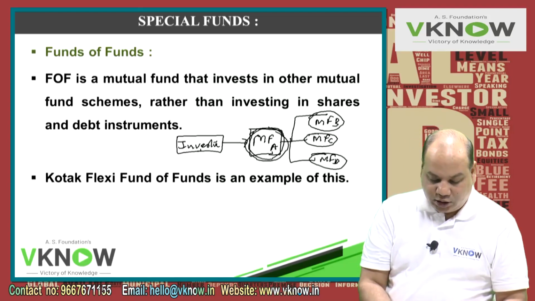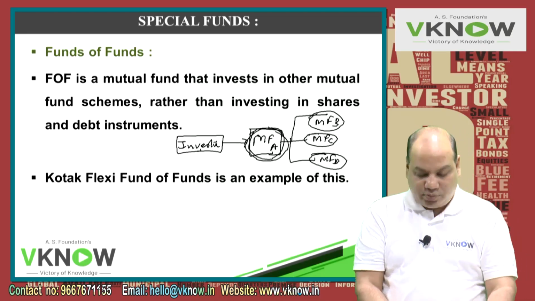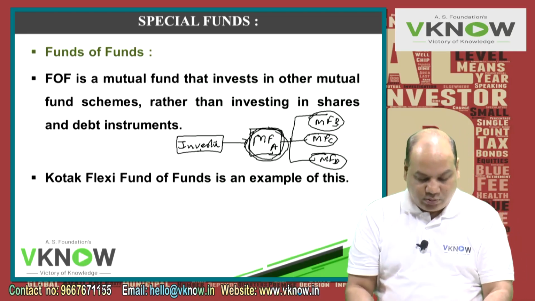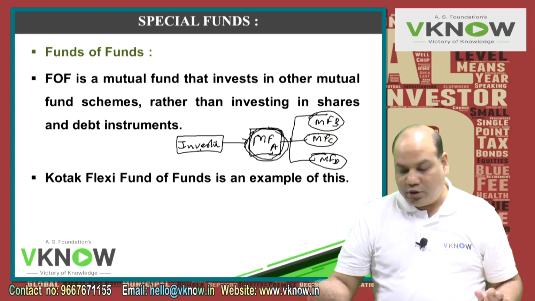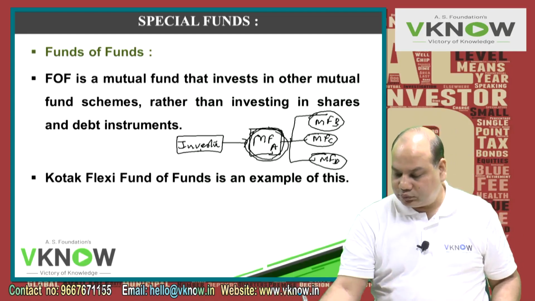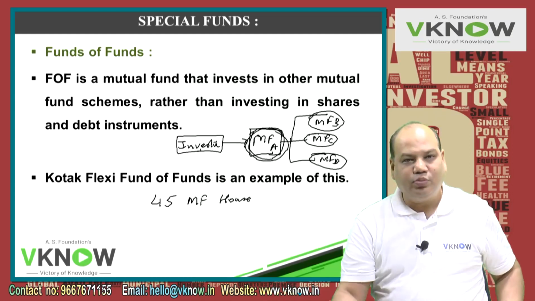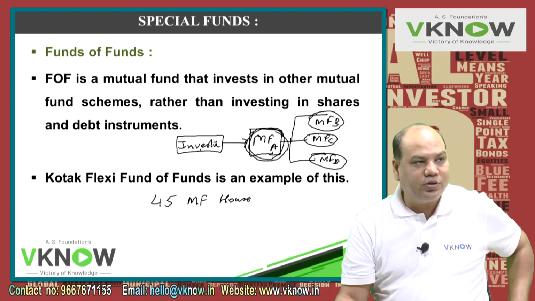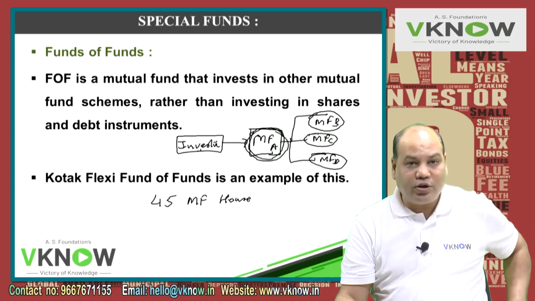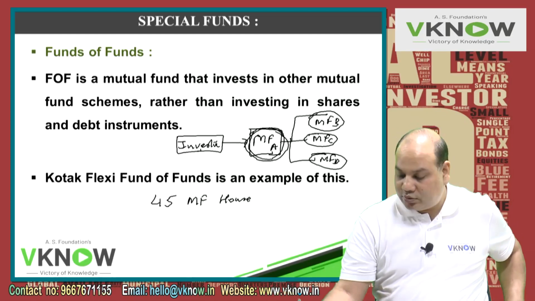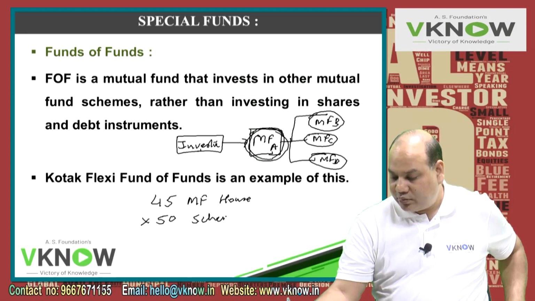Some of them can have 40 schemes, 50 schemes. The problem will be now, if there are 45 mutual fund houses, UTI is one mutual fund house, HDFC is one mutual fund house, Kotak is one mutual fund house, and they have around 50 different schemes.